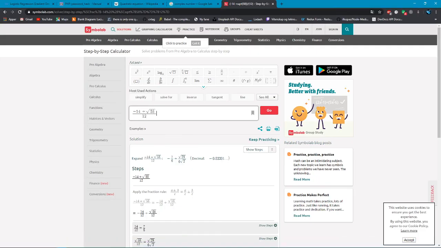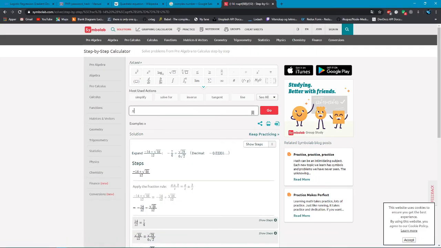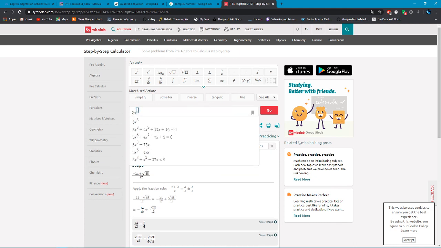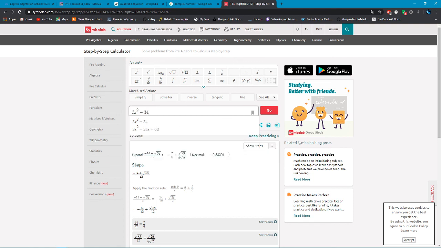If you want to check another one, we can say 3x to the power of 2, since it is a quadratic equation, minus 38x plus 4 is equal to something.